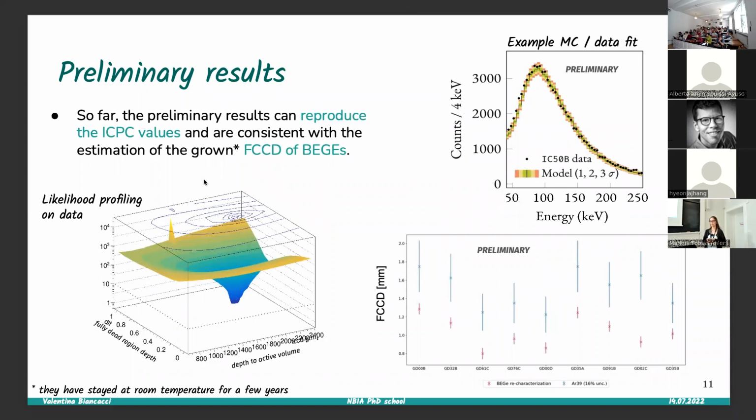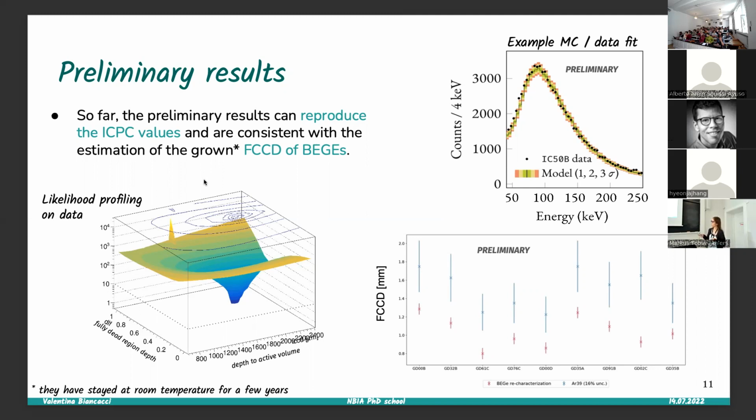We noticed that we can reproduce the values very well for the ICPC, the same detectors that we are using for LEGEND. But for the BEGes, we had some problems, as I already mentioned in a question. The problem was that the BEGes were kept at room temperature, and so we detect a growth of the FCCDs.